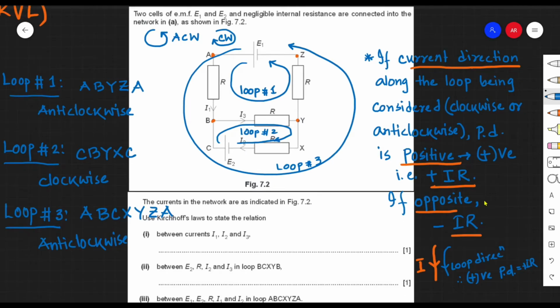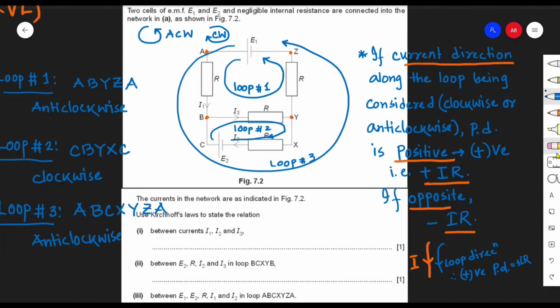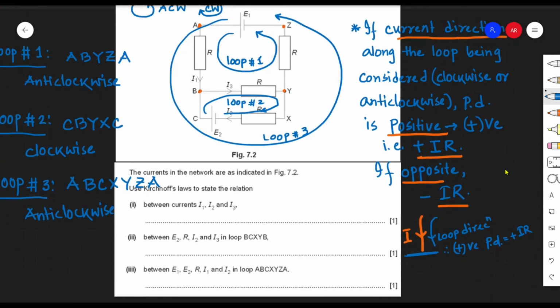That is what we have to keep in our mind, and we have to apply it correctly. So I show you right here that when current I and loop direction are in the same direction, the PD is positive, meaning positive IR. Look at this, I, the red one, and the loop direction, the blue one, are in the same direction, the way I drew right here.